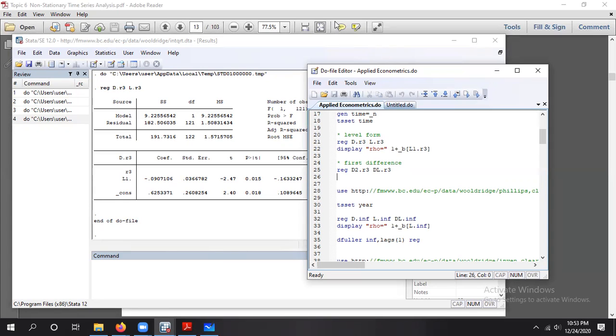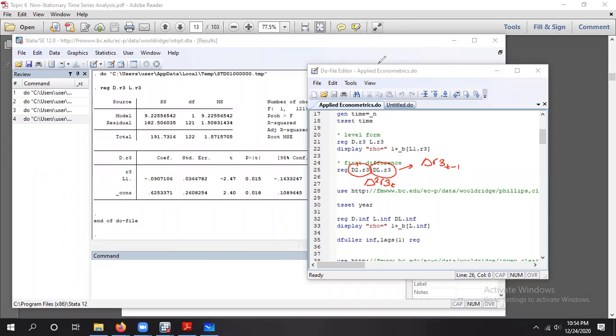This one refers to R3 at t, and this one refers to the difference of R3 at t minus 1.